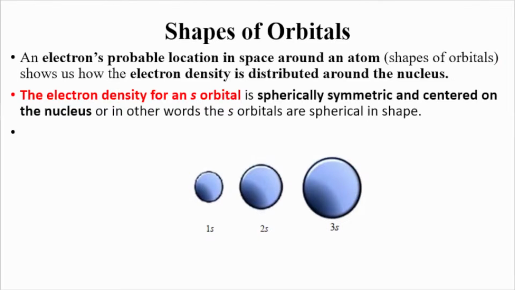According to the shape of those orbitals, we named them S, P, D, F. There are 4 types of orbitals: S, P, D, and F. I am going to talk about S, P, and D because at your level F cannot be mentioned, as it has a bit complex structure.